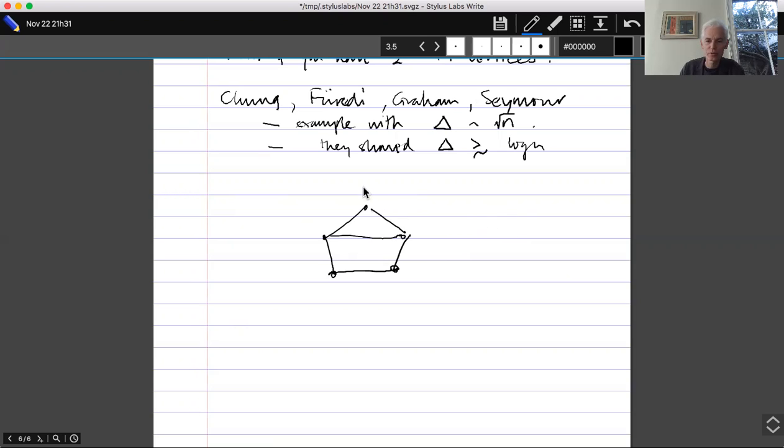So if I've labeled the vertices 1 to 5 in this particular example, then in the ijth place, if there's an edge joining vertex i to vertex j, I put a 1, and if there isn't an edge, I put a 0.